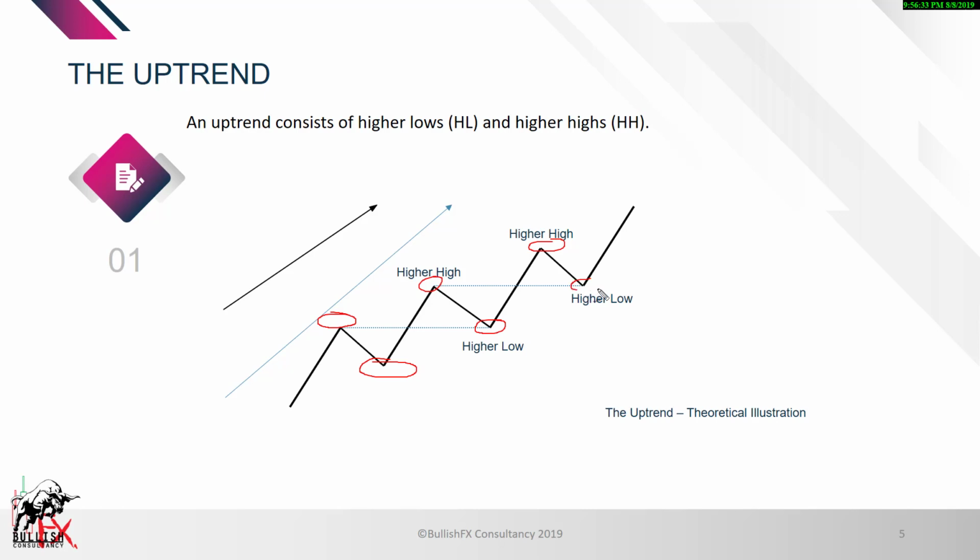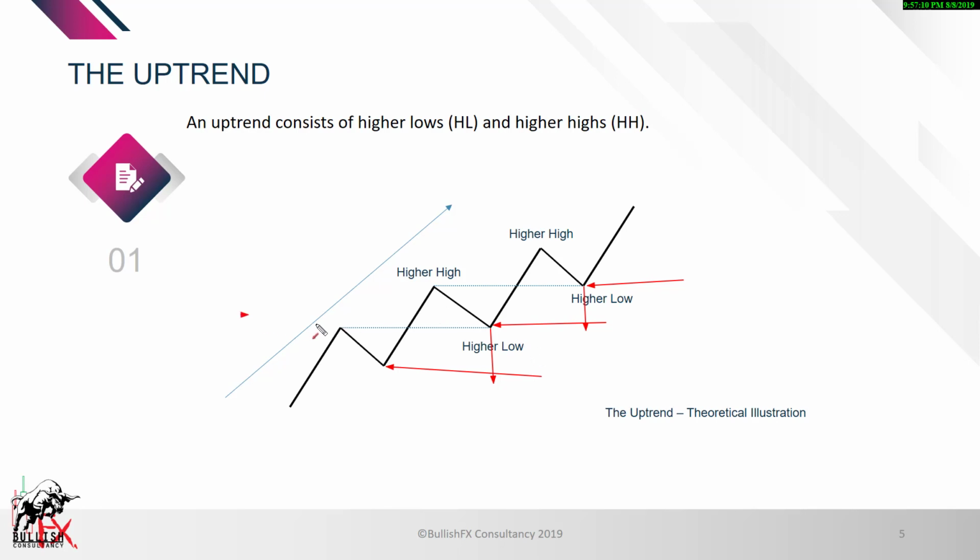You see, we've got higher lows that form, but kindly take note of the higher lows and the higher highs. You see this higher low, then you look at this higher low. This one never closed below. Same applies with this one. It never closed below the previous low.